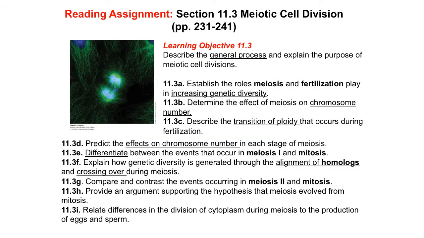Your reading assignment for this section is found in pages 231 through 241 of your textbook. So, the general learning objective of 11.3 is for you to be able to describe the general process and explain the purpose of meiotic cell divisions.